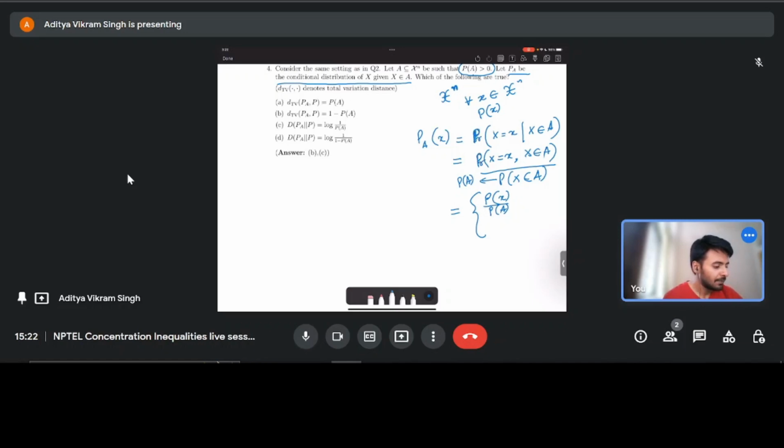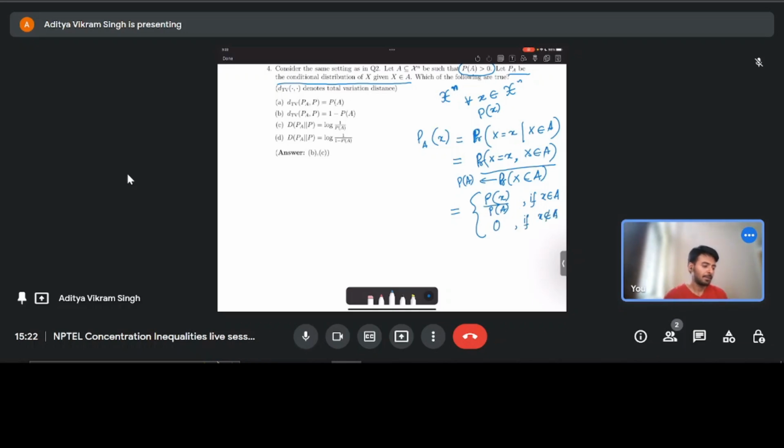The probability of X belongs to A is P of A. If small x belongs to A, then the intersection just becomes the probability of X equals x. And if x doesn't belong to A, then this numerator becomes 0.